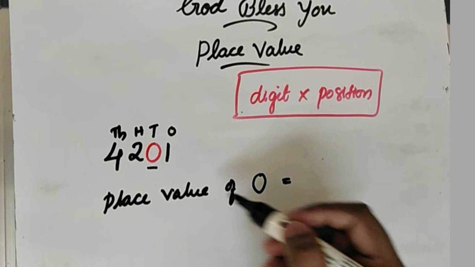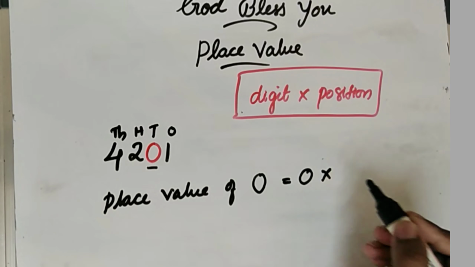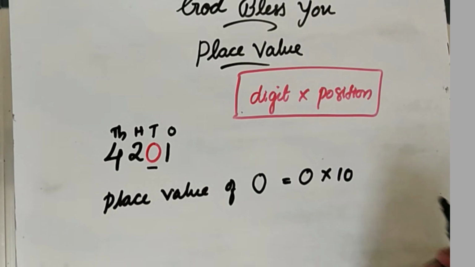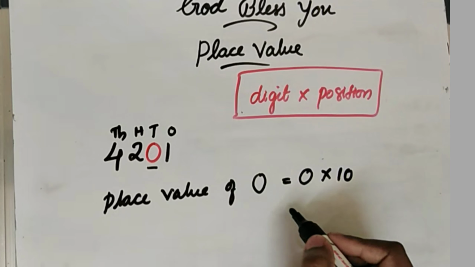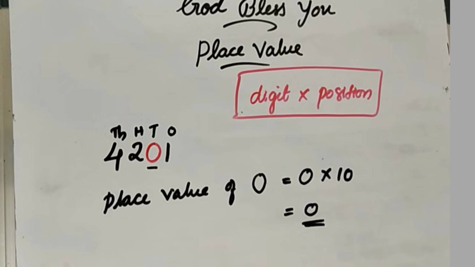Which is the digit? 0 is the digit, 0 multiplied with its position. Which is the position? It is at 10's position. We know that a number multiplied with 0 will always be 0. So the place value of 0 is 0.